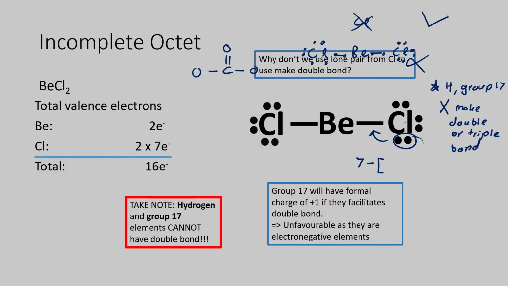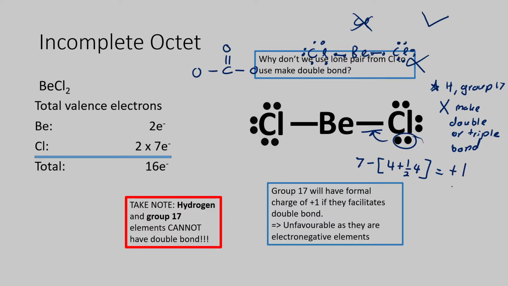So contohlah sekarang chlorine ni dah jadikan dia double bonds. So lone pairs ada 4, and then plus half of bonding pairs. So you ada 2, 1, 2, 3, 4, so 4. Now is 4 plus 2. Now you get a formal charge of plus 1.